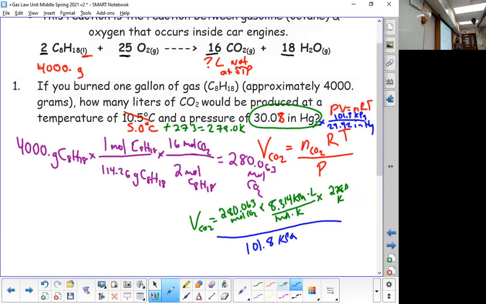So 280.063. Let's see, what's our limiting sig fig? Four. So 6,359 liters of CO2.